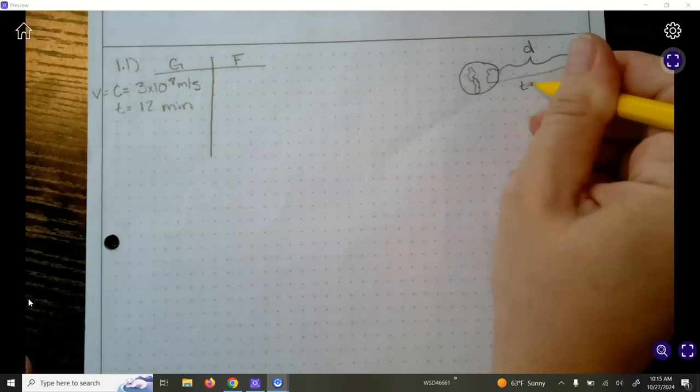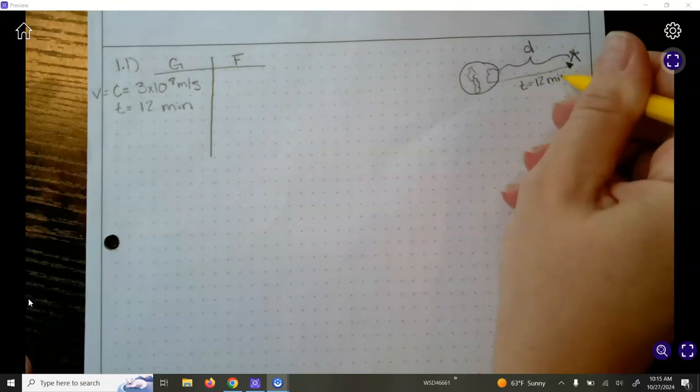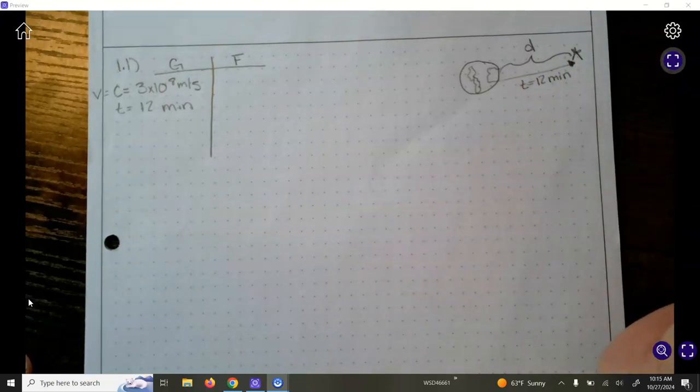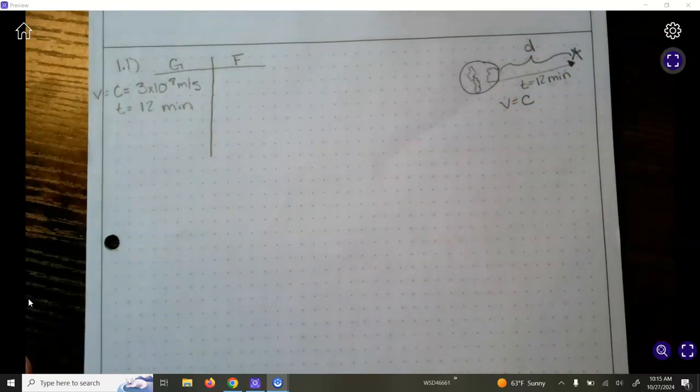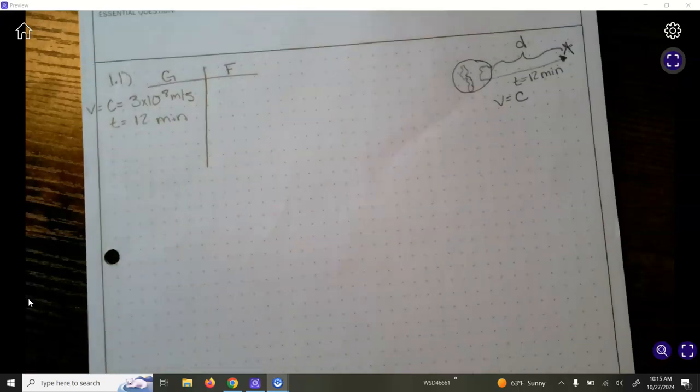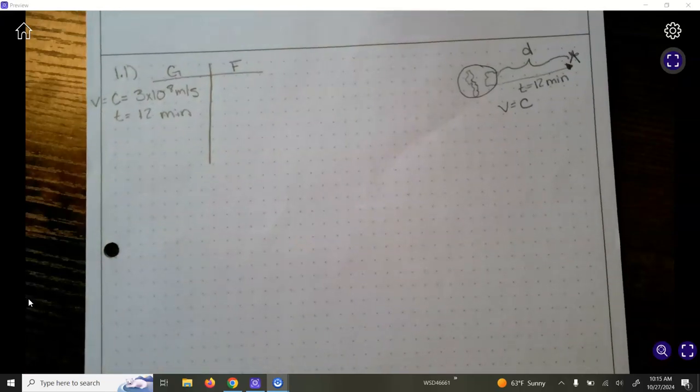It took 12 minutes for it to get there. And we know the speed. The speed is the speed of light. Okay, so the velocity that the light waves were traveling with was C, and the time it took was 12 minutes. What are we trying to find here? It says, how far was Mars from Earth at that time?